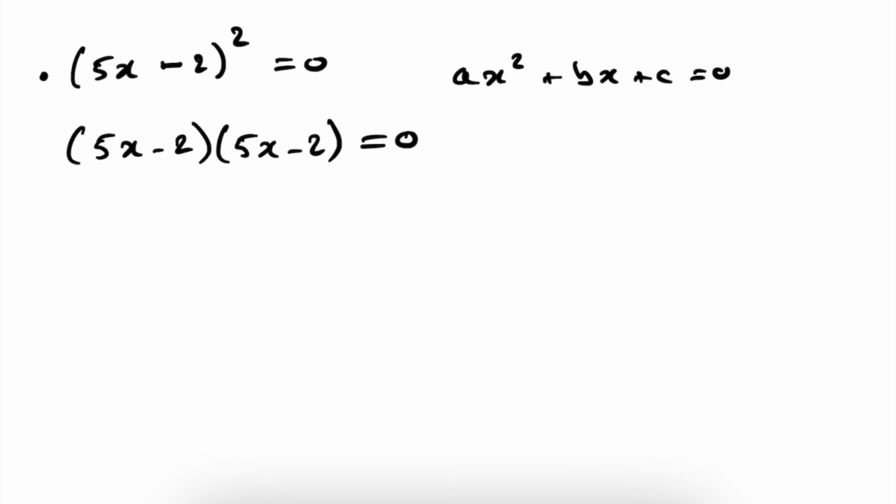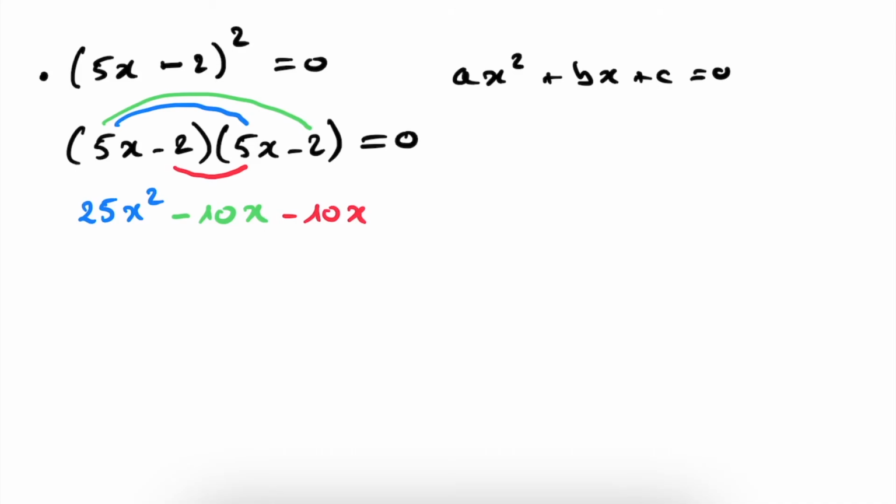Let's do this very slowly. So first we multiply this 5x times 5x. This becomes 25x squared. Then we multiply this 5x by this minus 2, which becomes minus 10 times x. Then we multiply this minus 2 with this 5x, which becomes minus 10x.